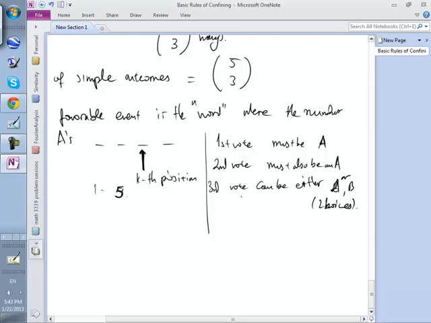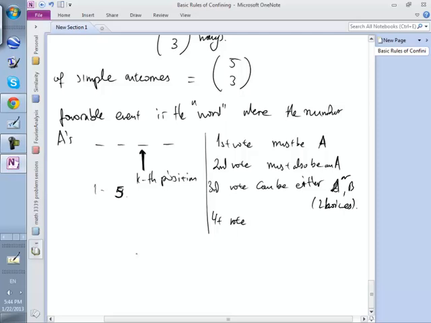So two choices here for the third vote. Let's go to the fourth vote. If the third vote was an A, then automatically the fourth and the fifth are B's. If the third vote is a B, then the fourth vote has to be an A, and that would basically close the result.